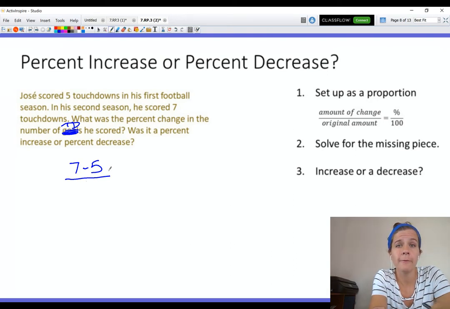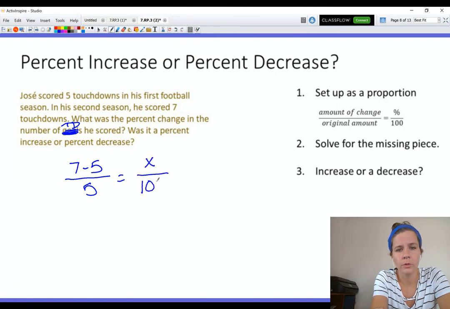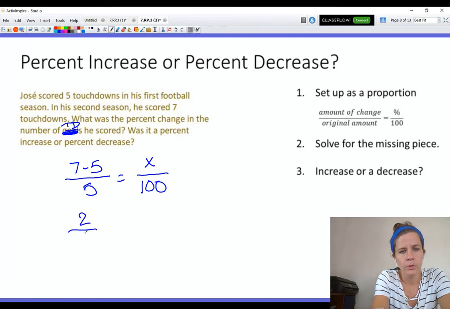The original amount is the first amount, and he first scored 5 touchdowns, equals some number, we don't know that percent, always over 100. Okay, so the first thing we've got to do is simplify a little bit here and subtract. So we have 2 over 5 equals X over 100.